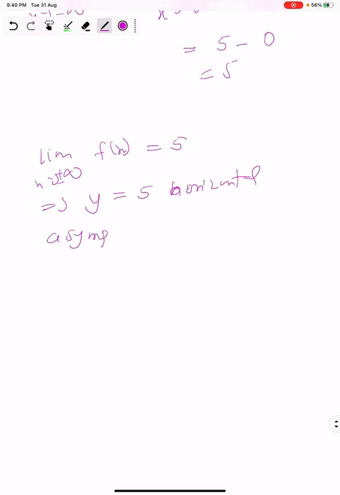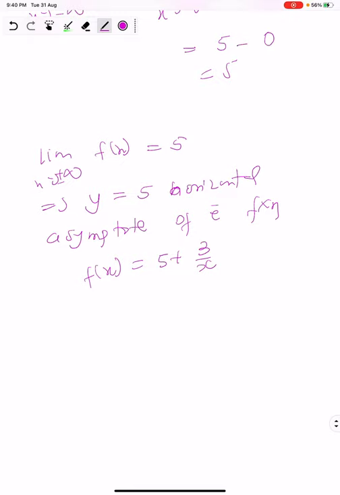So since the limit as x approaches plus or minus infinity of f of x is equal to 5, it implies that the line y is equal to 5 is the horizontal asymptote of the function f of x is equal to 5 plus 3 over x.